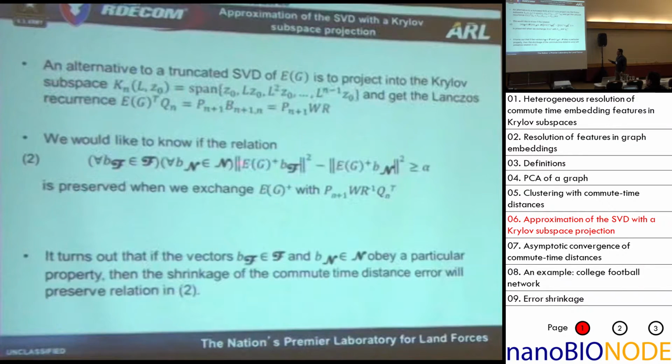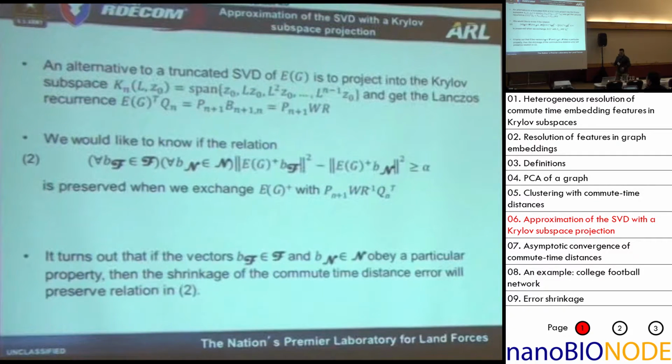The strategy I'm going to go after in the rest of this talk is to try to show that right-hand sides which are in F are going to have error which shrinks faster than right-hand sides which are in N. If I have that, then I know there's going to be some n, that is, some order of my Krylov subspace, such that the error here is going to be less than the error there. And that's going to guarantee that this property holds.